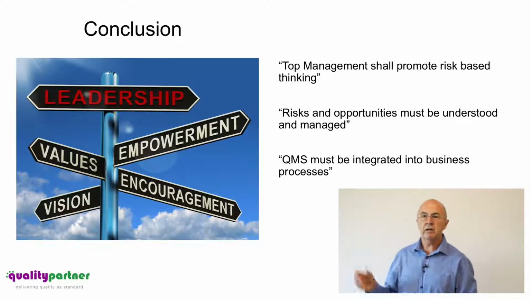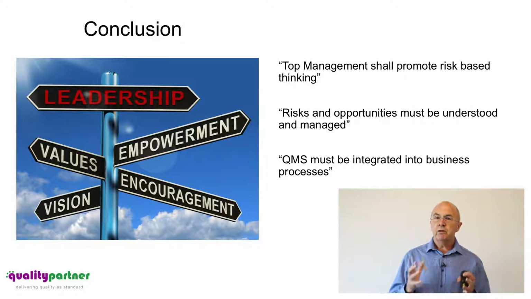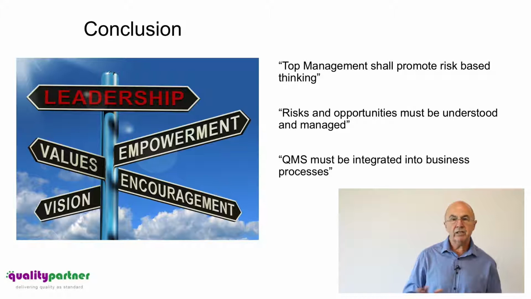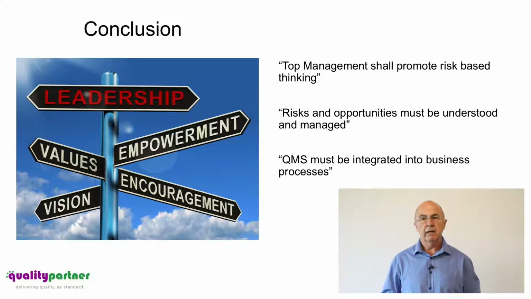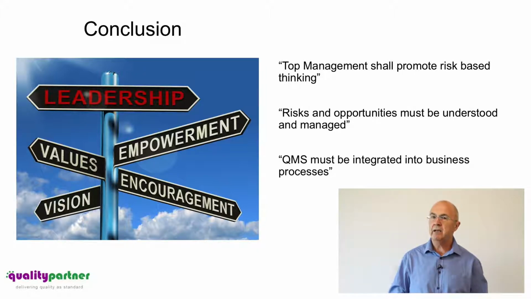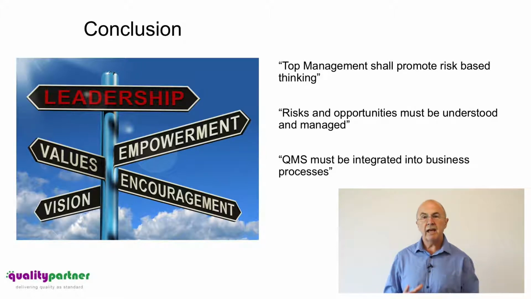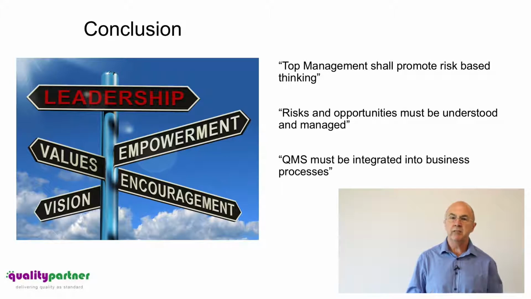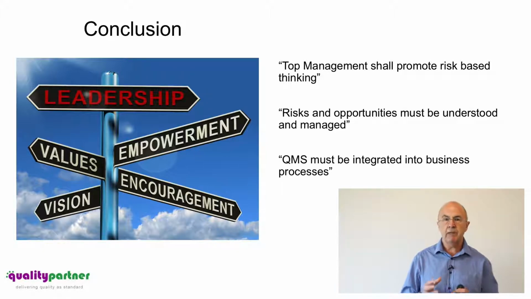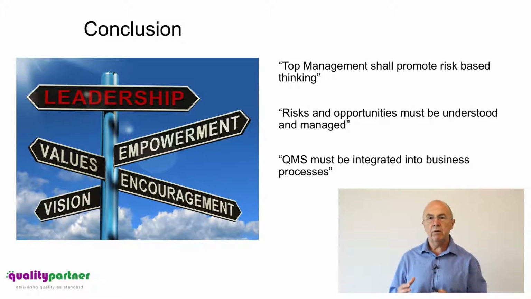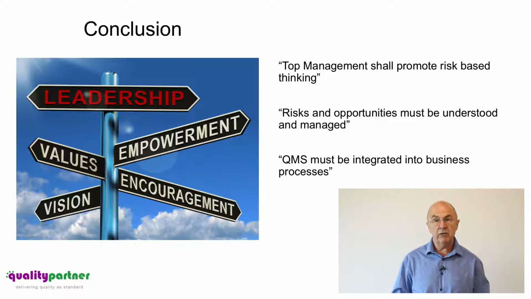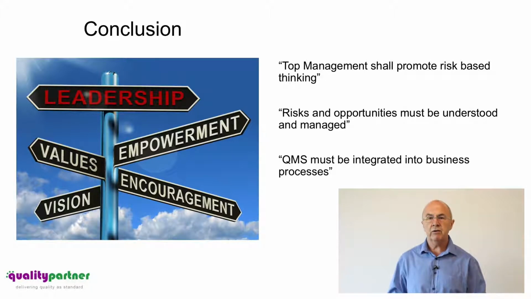So, conclusion. Top management shall promote risk-based thinking. That is a requirement that will not go away. So you need to think about how top management are going to demonstrate that in an internal or external audit. Secondly, risk and opportunities must be understood and managed within all of the quality management system processes. Again, how is that going to be demonstrated within internal audits and within third-party audits?